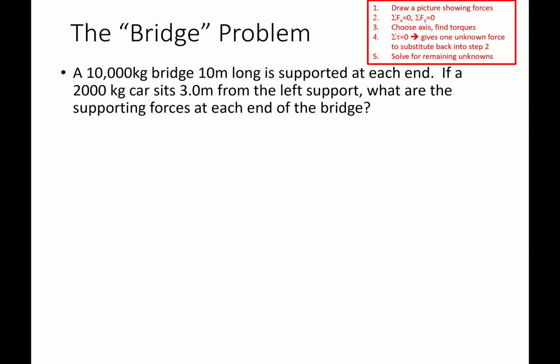So if you're an engineer, this is the kind of thing that you need to consider. So let's first of all start off. Our recipe is draw the picture showing the forces. So what do we know? We know we've got a support on each end of the bridge. We know the bridge is 10 meters long, from left to right. Let me draw that at the top so it doesn't get in the way.